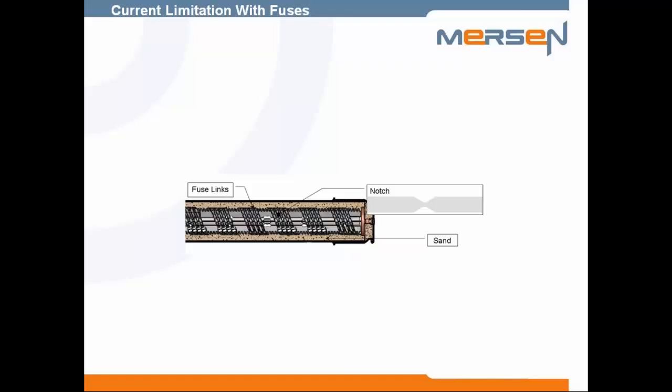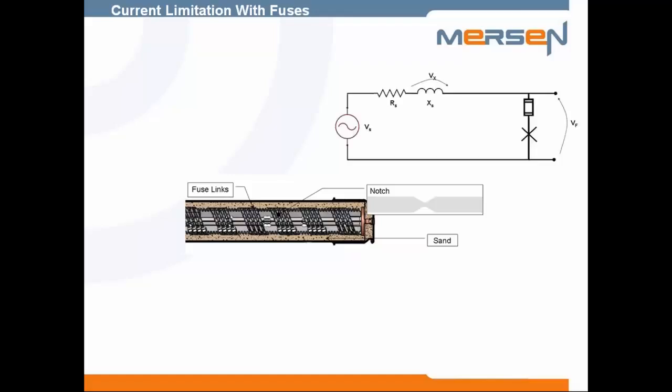a short circuit. So the problem here, if we look at the diagram, when there's a bolted fault on the primary, the voltage that is now imposed on the system is basically the voltage across the fuse. Before these notches melt, that's near 0 volts.